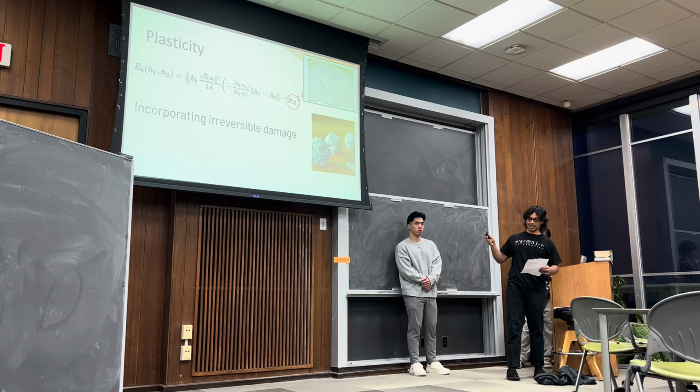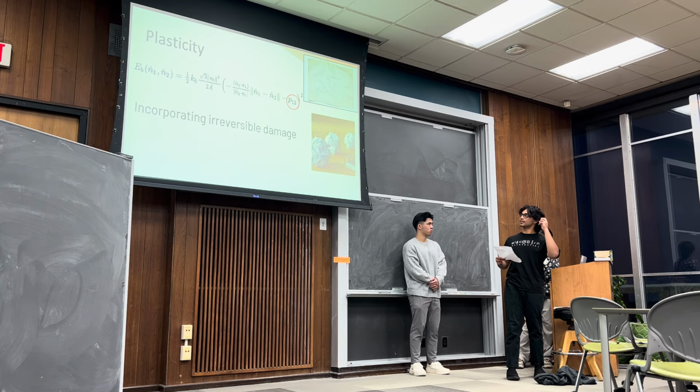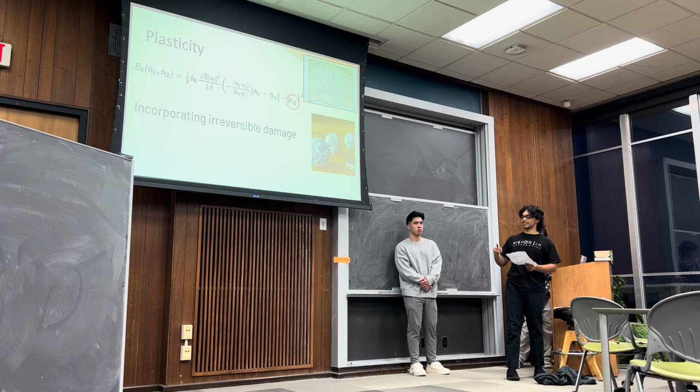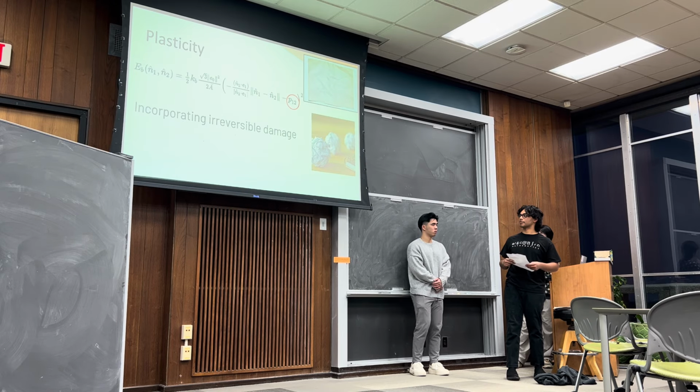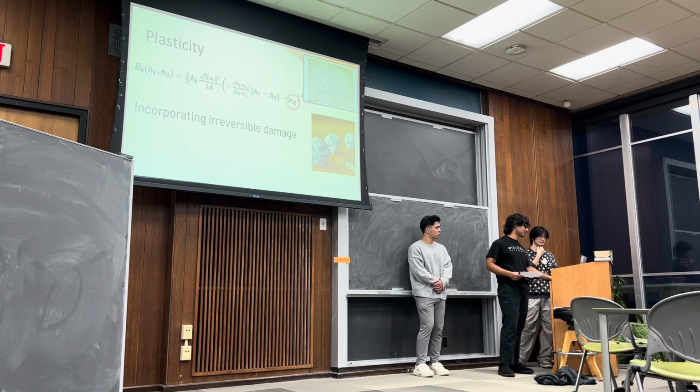Plasticity is a function of the angle a node has already been bent. There are 5 other equations relating to it. But basically, with this function, it maintains a memory of how the paper has been bent, and that incorporates permanent damage to the thin sheet. So that's how we model plasticity in our model.